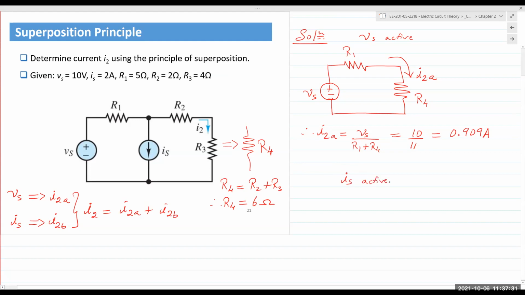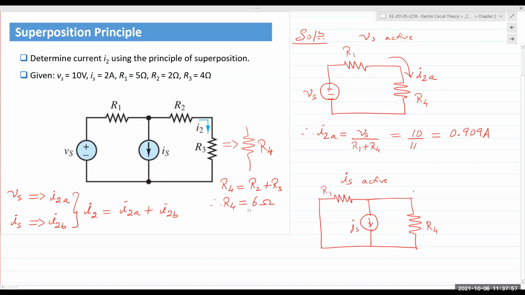When you have IS active, VS is a short, R1, R4, IS.